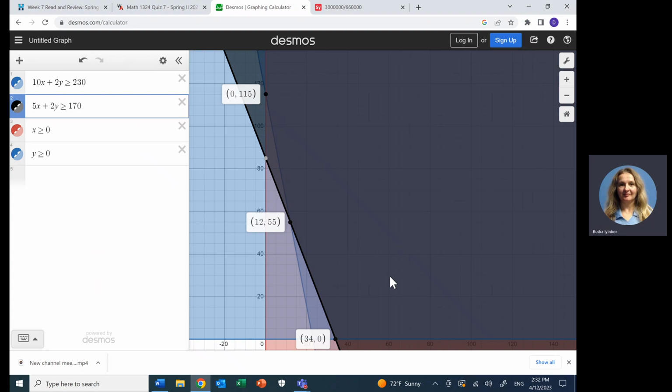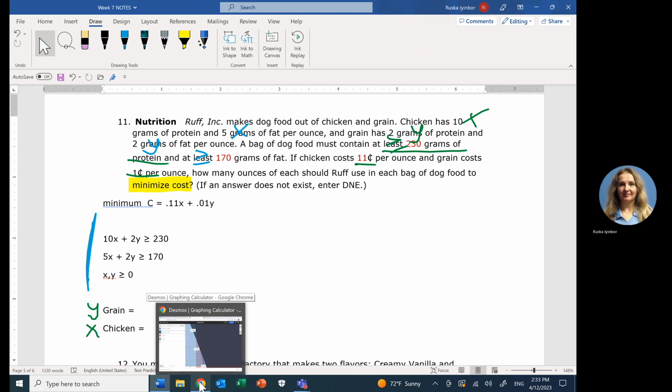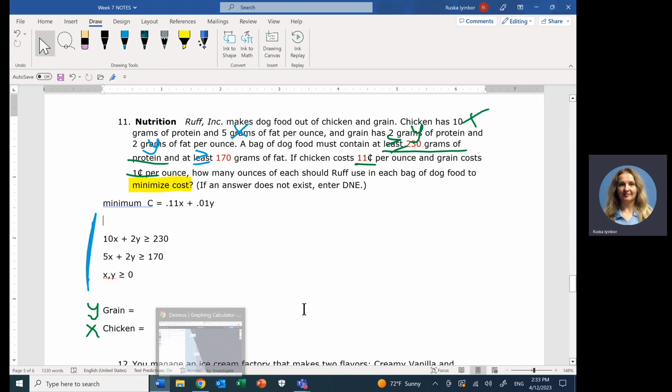The corner points are going to be 0 and 115, 12 and 55, and 34 and 0. Those are the numbers I'm going to use to calculate the minimum. It's an open, unbounded area, but because we're looking for the minimum, we can find it now.